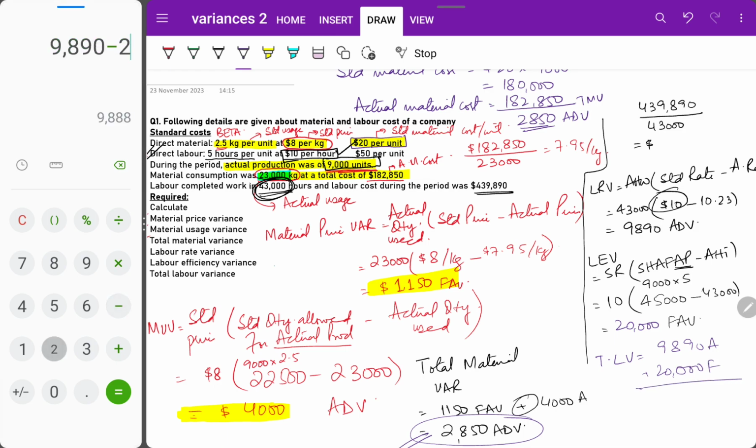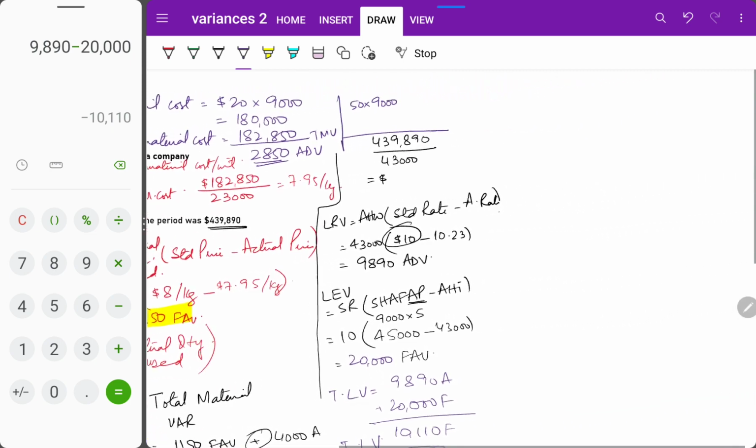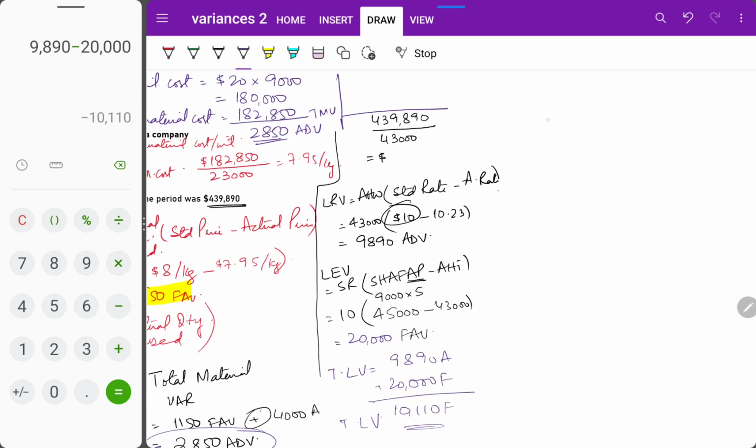So 10,110 favorable. And if you want to calculate it separately, the calculation is approximately the same. For the calculation of labor, we will see what the standard labor cost per unit is. The standard labor cost per unit is $50, multiplied by 9,000 units. If labor has manufactured 9,000 units and 1 unit requires $50, then 9,000 units will require $450,000 cost.